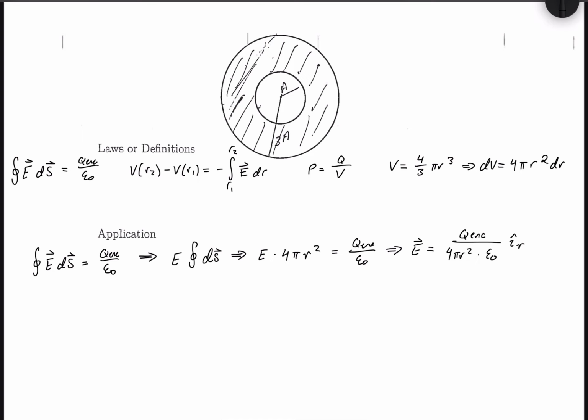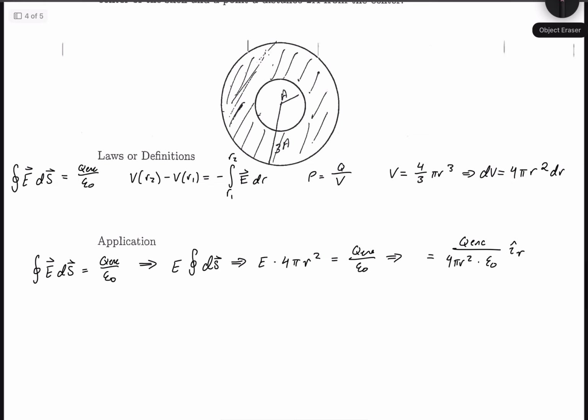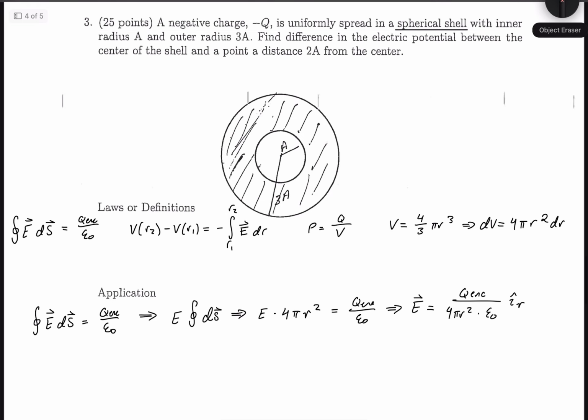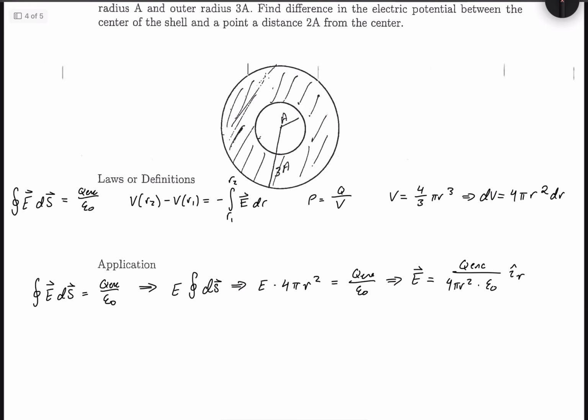Cool. Now what we want to do is find what this is. Because yes, we know that the charge is negative Q, but we don't know what the Q enclosed is. And that's going to be important for taking the electric potential difference. Because as we have it now, we don't really know what the electric field even is because we don't have a value for the charge enclosed.